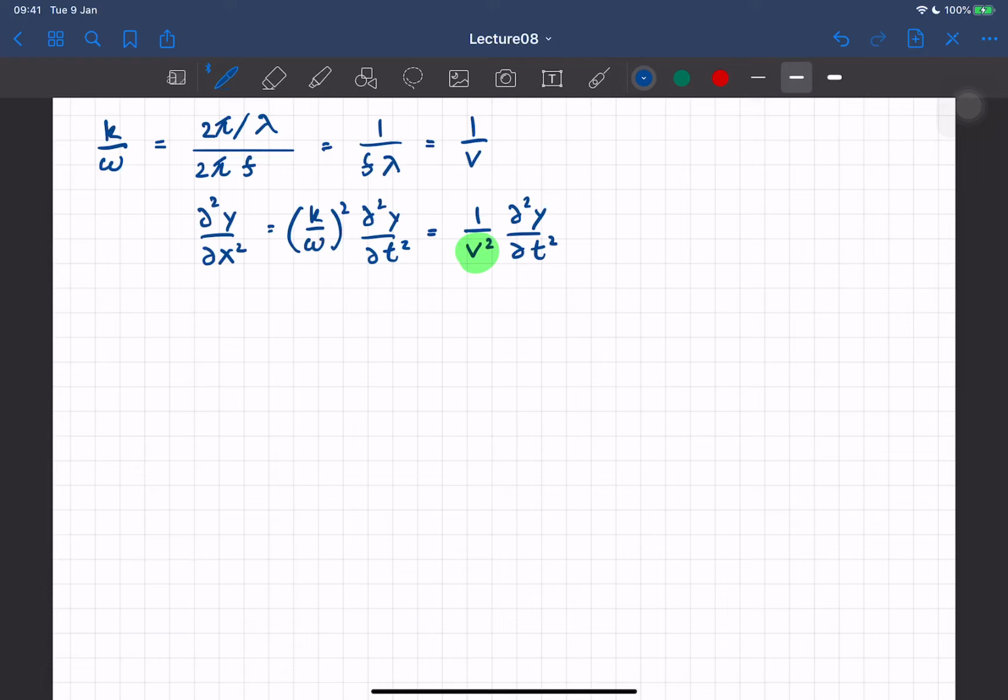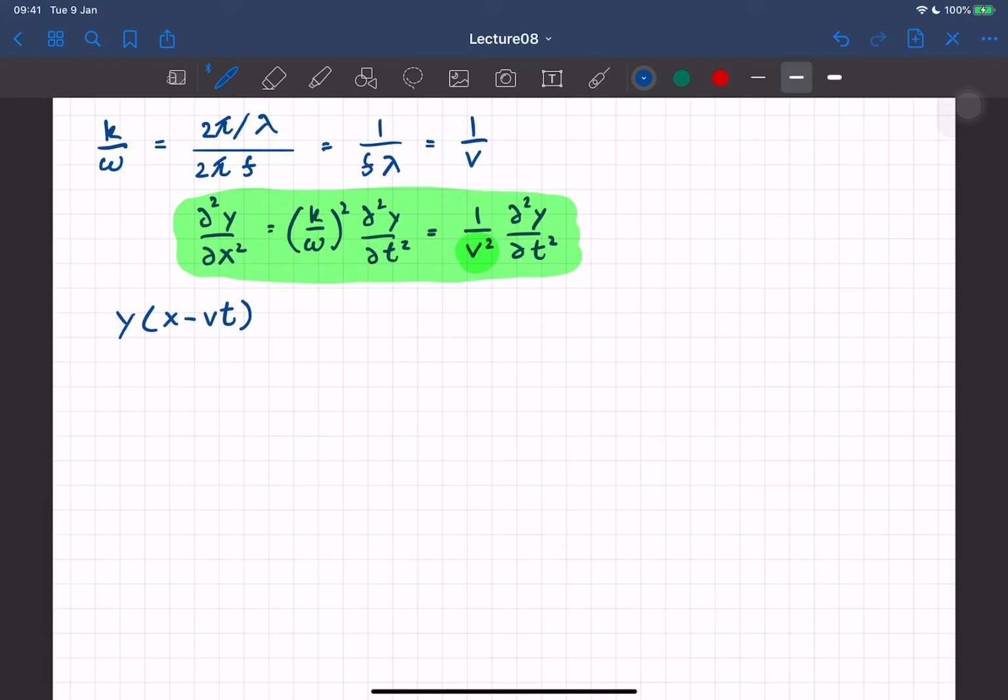In other words, the wave equation, which is this line, gives you a mathematical tool to test whether the function that you have is a wave or not. And for those of you who are more mathematically oriented, you may want to show that. Remember from the beginning of our discussion of waves, we said that any wave is anything that has this form, x minus vt.